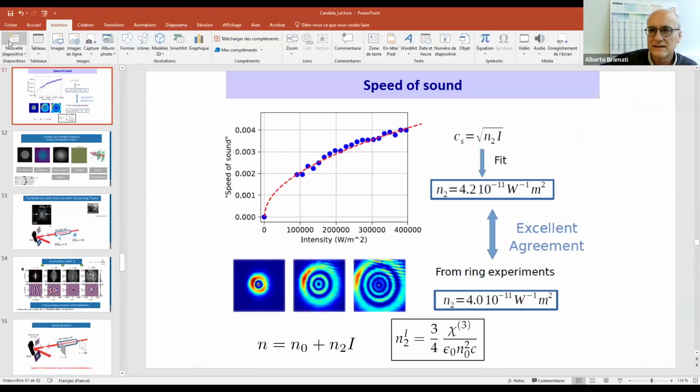If you increase the intensity, you decrease the characteristic interaction length, and then you increase the effective time. But the image is always done at the output.